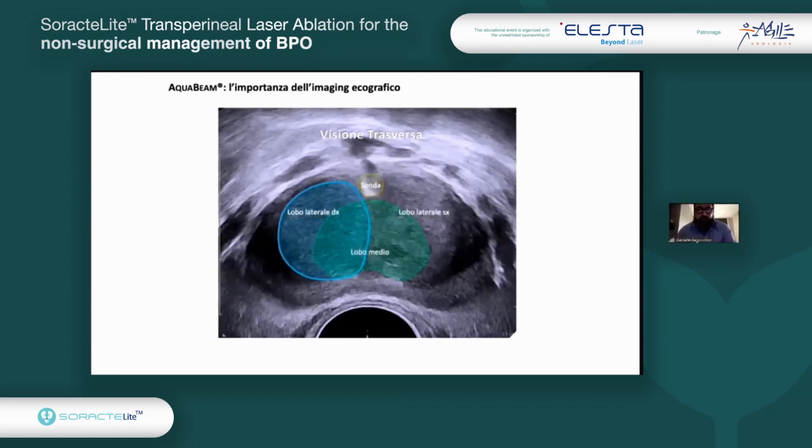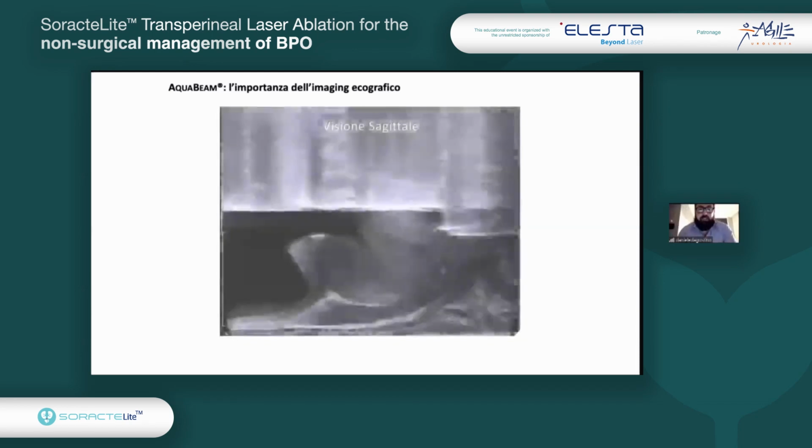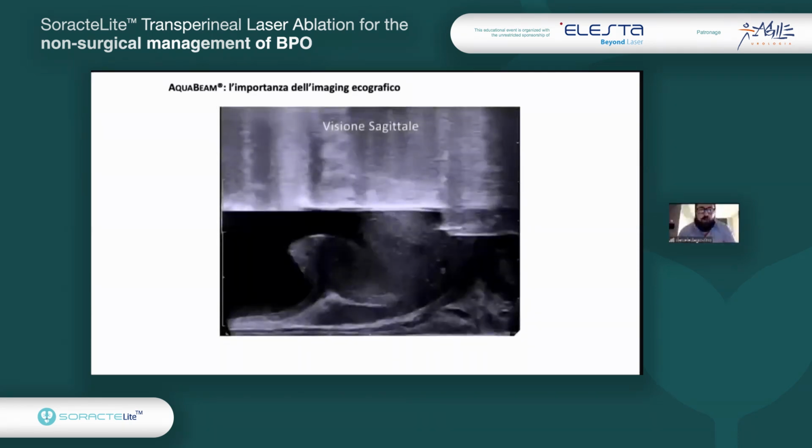We can identify the median lobe and the lateral lobes of the prostate in axial vision. In sagittal vision, we can identify the principal point of start of treatment near the median lobe, the bladder neck, the middle prostate, and the apex of the prostate.